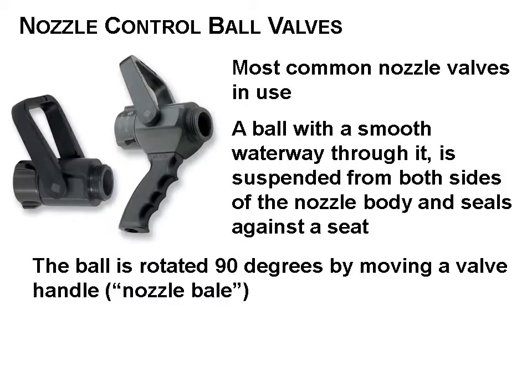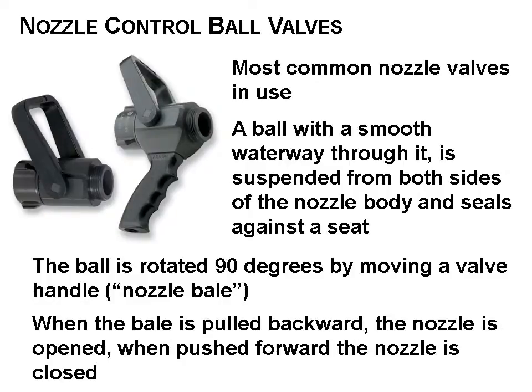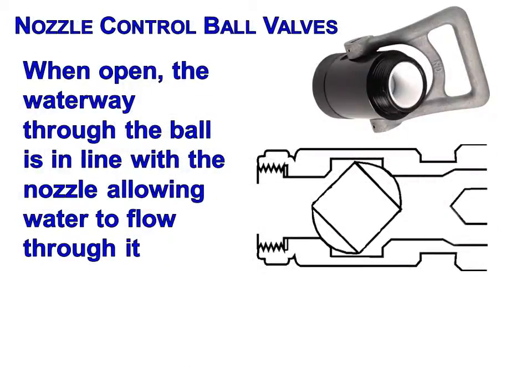When the bail is pulled backwards, the nozzle is open. When pushed forward, the nozzle is closed. When open, the waterway through the ball is in line with the nozzle waterway, allowing water to flow through it. You can see in the demonstration there.